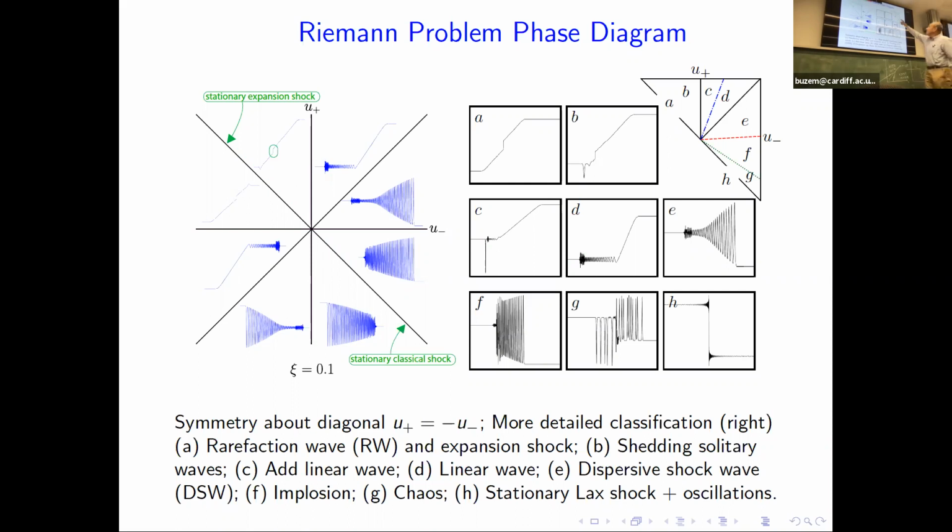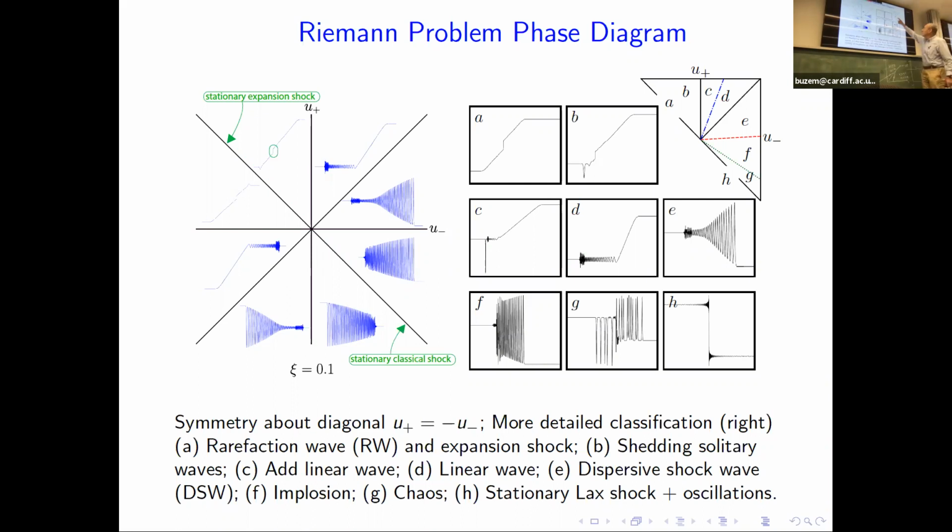On the diagonal, with U plus positive, we have a solution that looks like a rarefaction wave interrupted by a stationary shock wave that doesn't move. But in that shock wave, the left limit is less than the right limit. That's why you see the rarefaction wave.